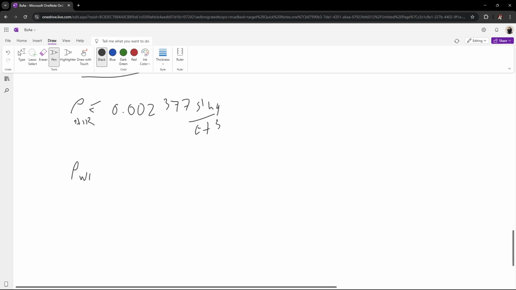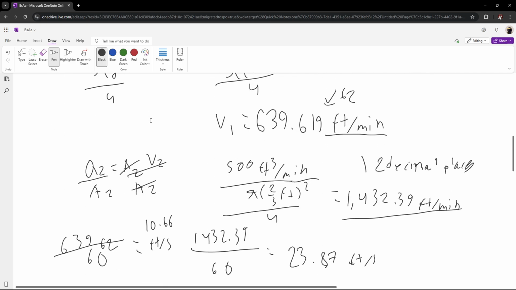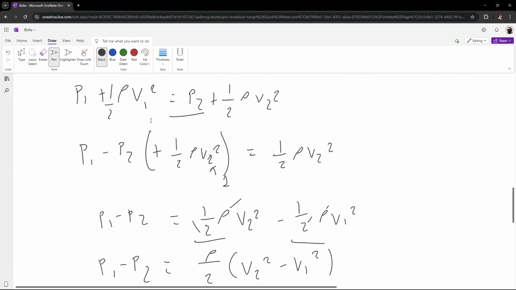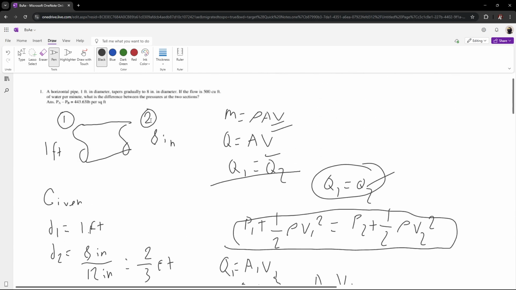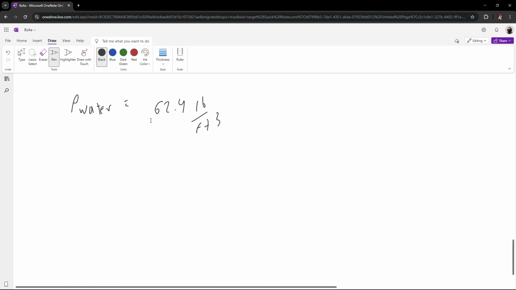But for the density of water, the constant is 62.4 pound per foot cubed. So technically we don't use the slug constant.